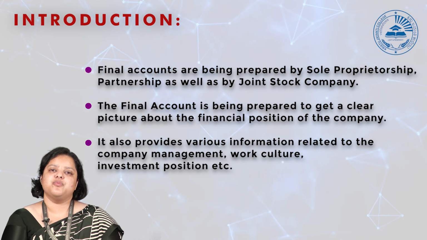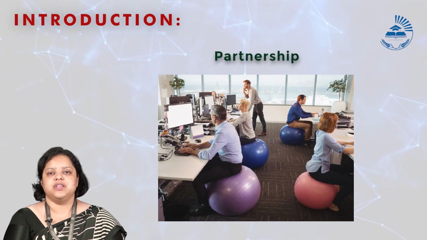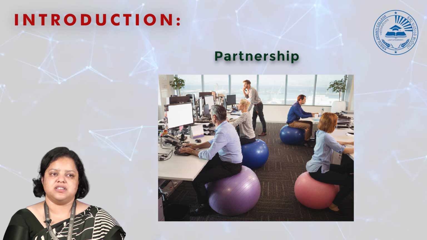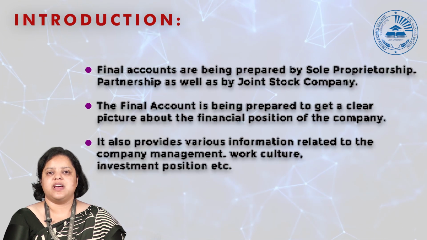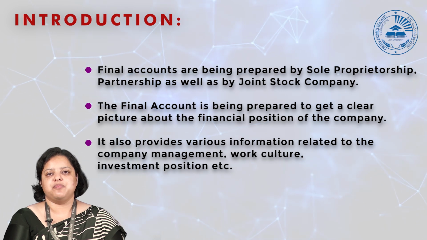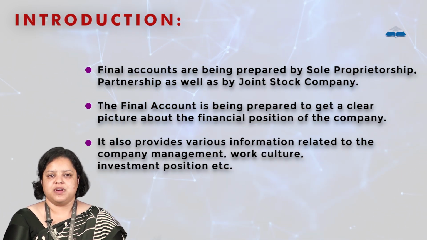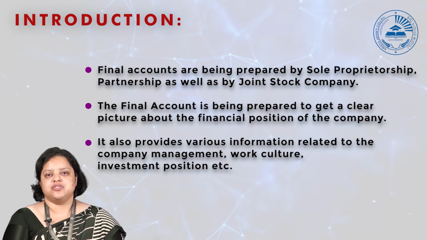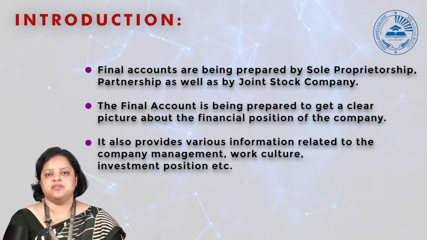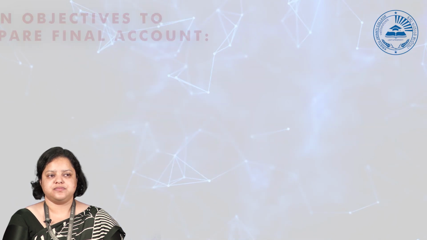Partnership means when two or more friends join together and do business. And joint stock companies are all limited companies. Final accounts can be prepared by all kinds of companies, but as per company law, partnership and joint stock company have to prepare them compulsorily, but it is optional for the sole proprietorship.